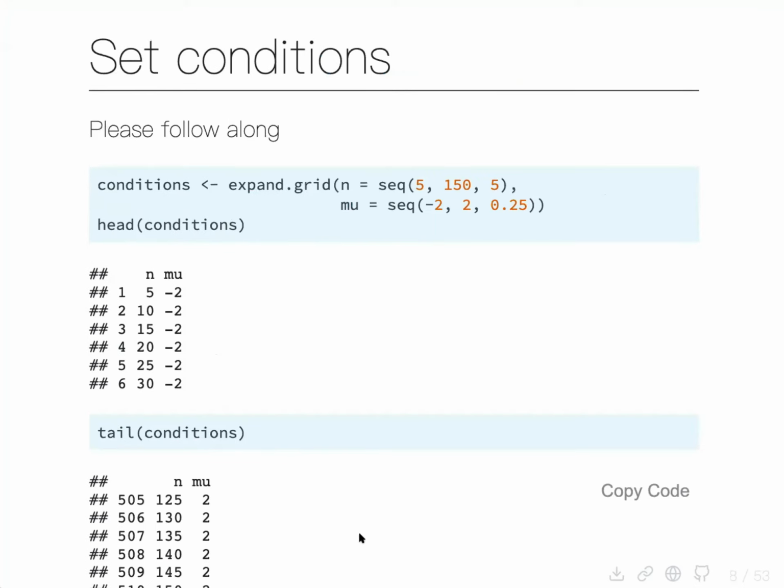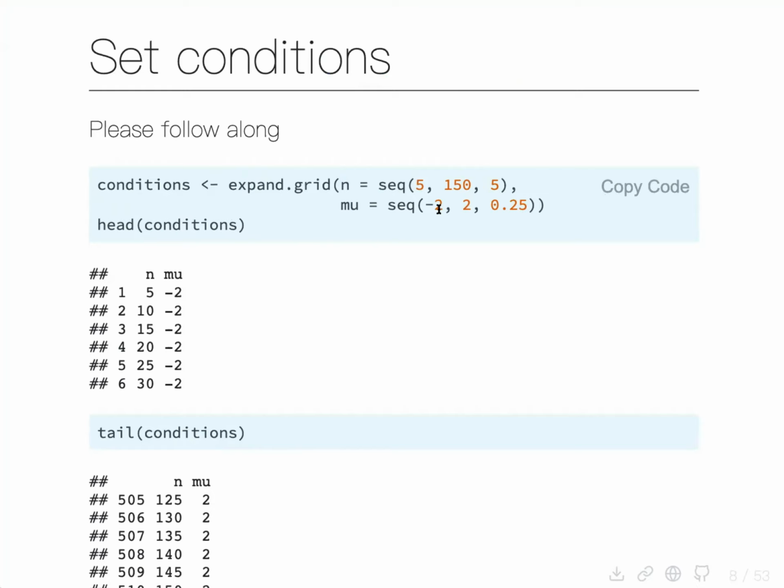So please follow along for this section. We're going to use expand.grid to set our conditions for the simulation. So I'm going to say expand.grid, n is equal to a sequence from 5 to 150 by 5. mu is going to be a sequence from -2 to 2 by 0.25.